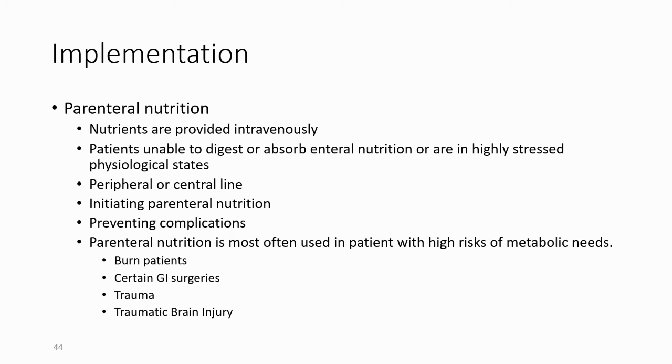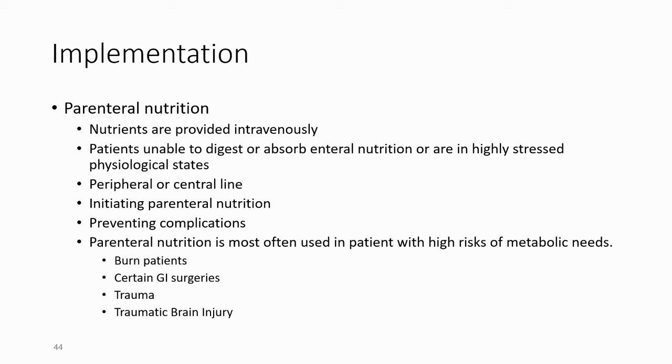As a reminder, parenteral nutrition is that nutrition that we administer intravenously, whether it be a peripheral intravenous device or a central intravenous device. Our main concerns with parenteral nutrition is preventing complications, just like with enteral feedings, and we most generally use parenteral nutrition with high-risk metabolic needs, such as certain GI surgeries, trauma, traumatic brain injury, and like I've said, burn patients.